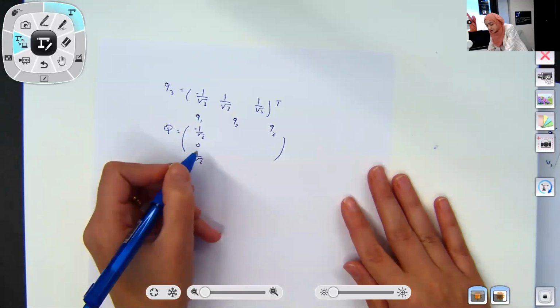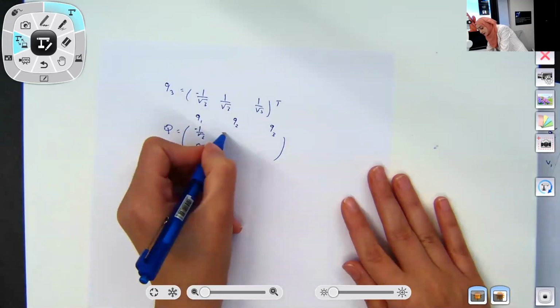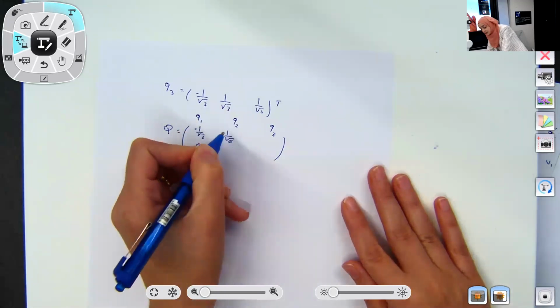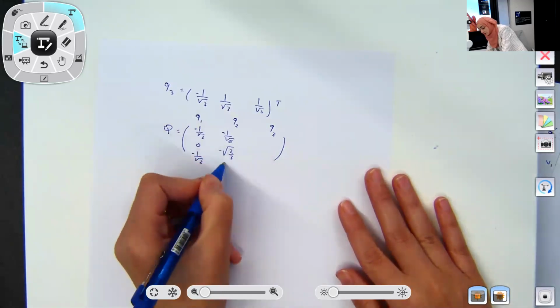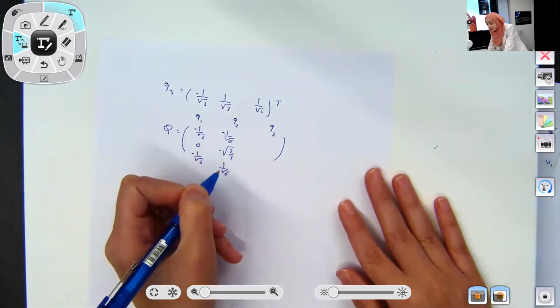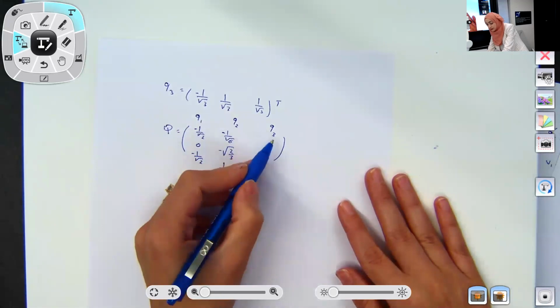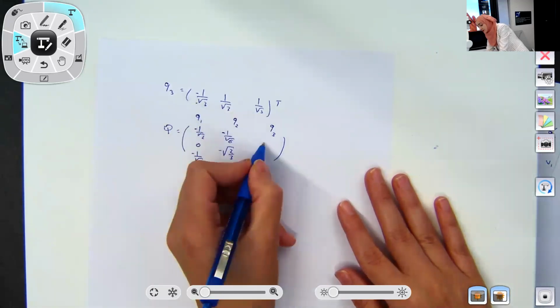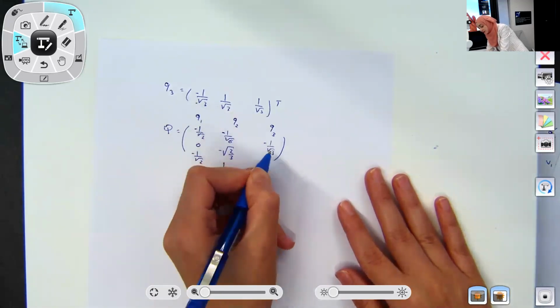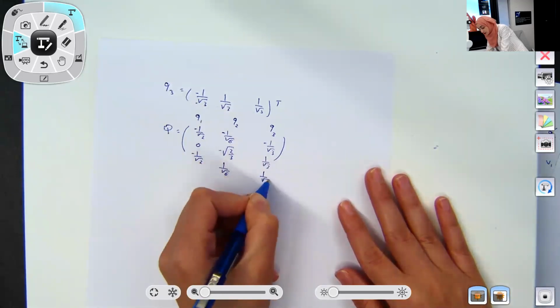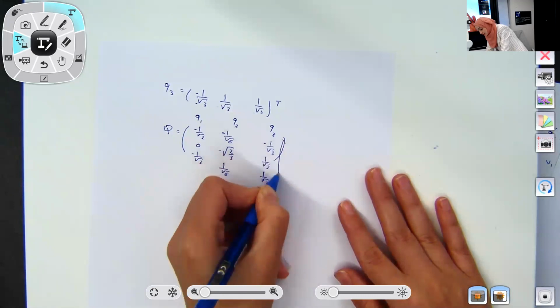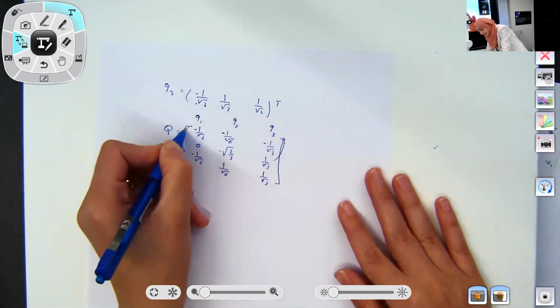The value of Q2 is minus 1 over square root of 6, minus square root of 2 over 3, and 1 over square root of 6. And the value of Q3 is minus 1 over square root of 3, 1 over square root of 3, and 1 over square root of 3. So this is the matrix Q.